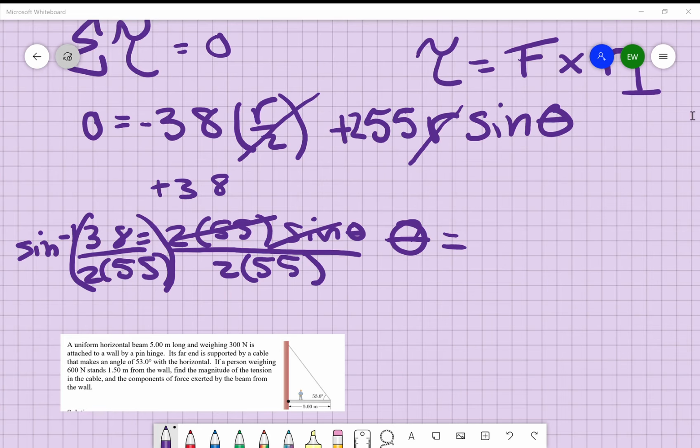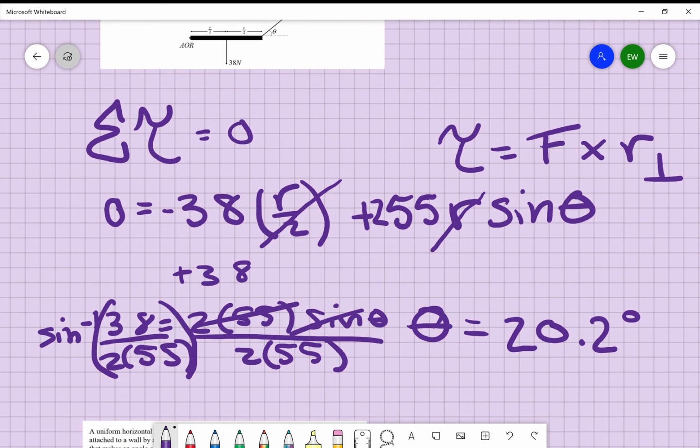All right, 20 degrees. 20.2 degrees. When the calculator fails you. That's not the important part. The important part is understanding that your torques are going to be equal, just like your forces are all equal.